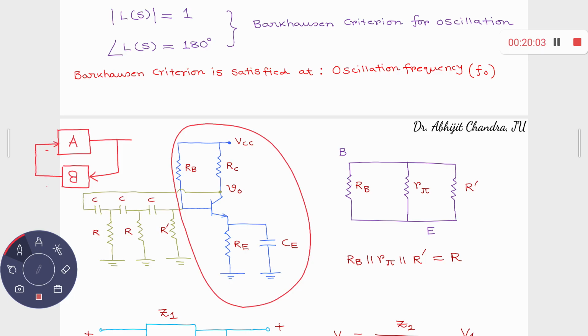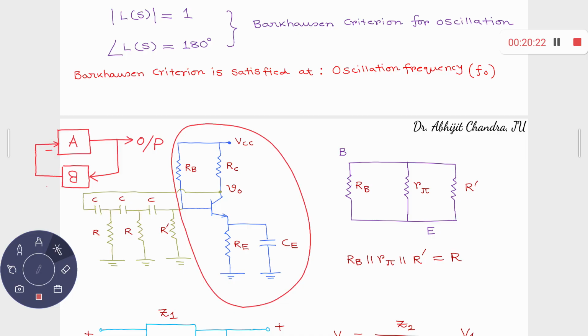There is a negative sign, and there is no such explicit input present. That is your final output. There is no input, but output is generated.